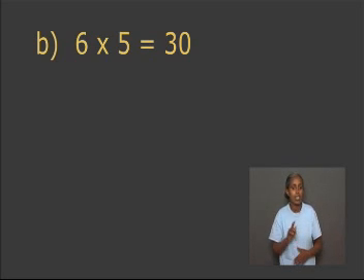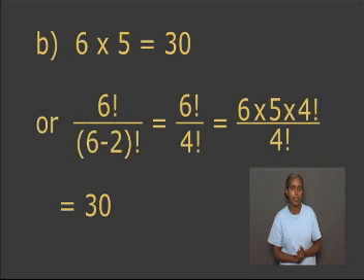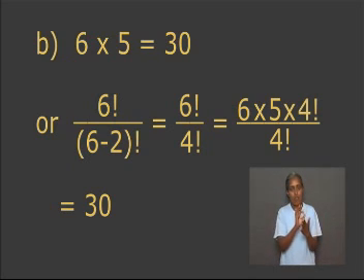The equation 6 times 5 can also be expressed as a factorial. Specifically, the 6 factorial over the 4 factorial. That is equal to the formula we have learned for the number of all permutations. If you figured out both of these answers on your own, you have done a great job.